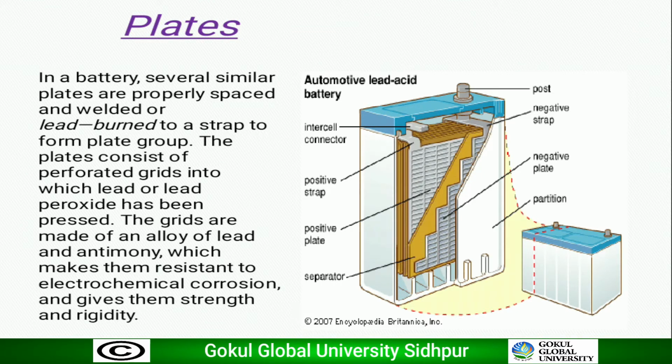As you are seeing in the figure, there are a number of plates, a negative strap, a terminal, an intercell connector by which different cells are connected in series, a positive strap, positive plates, a separator, and below there are bridges as we discussed earlier. Why these bridges? Because sediments or extra material come from the plates. When the battery gets old, these sediments build up in these bridges.